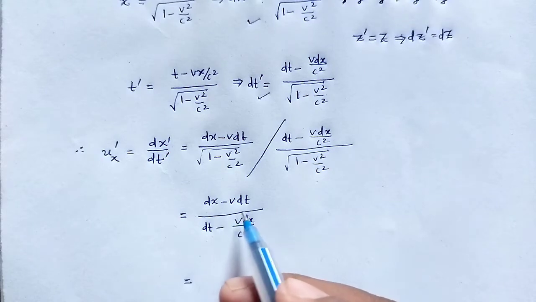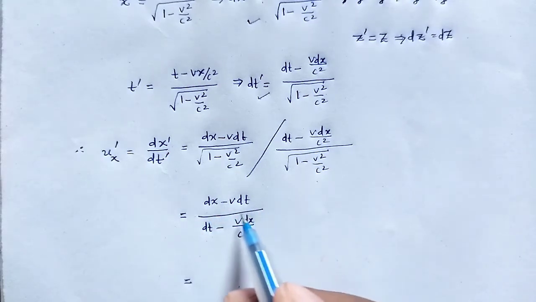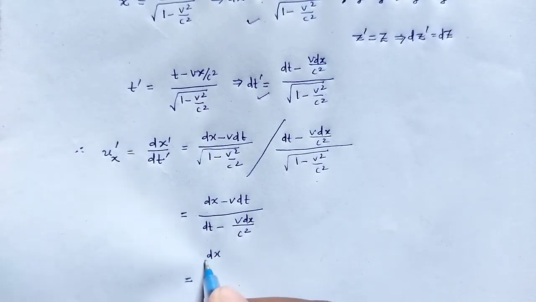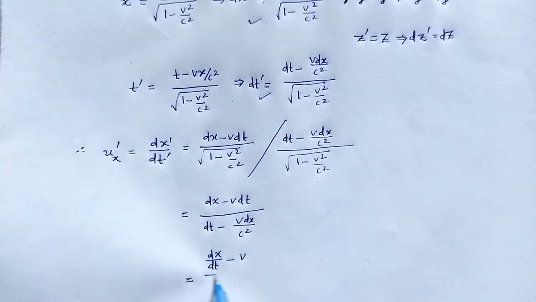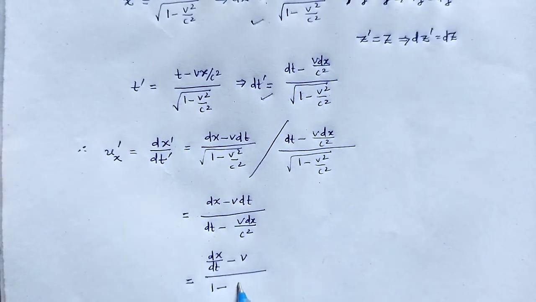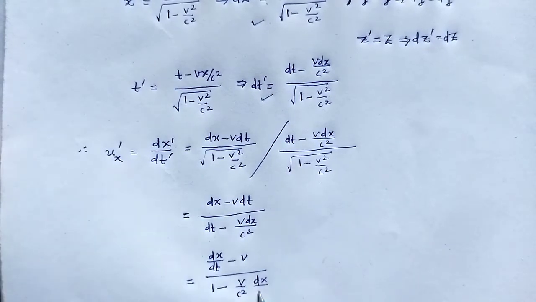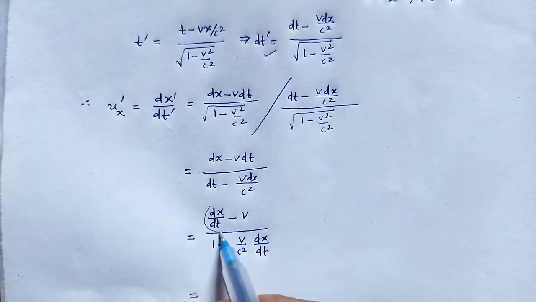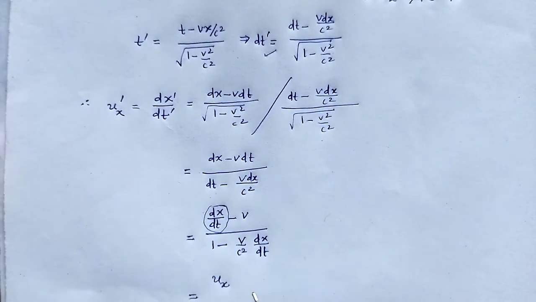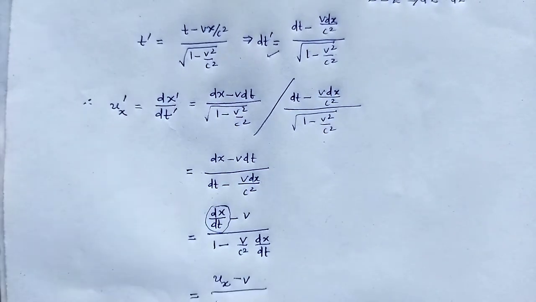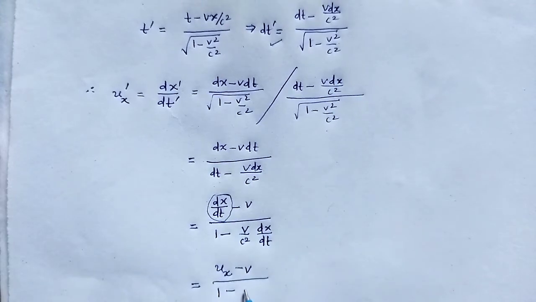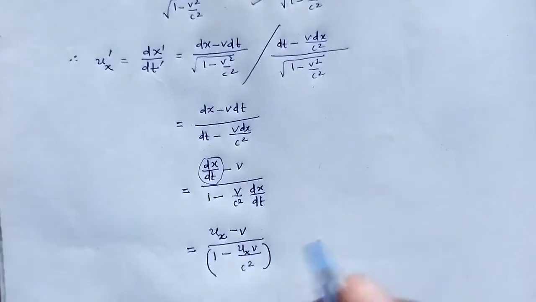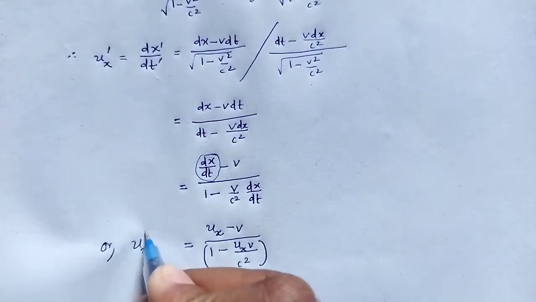We divide dt in both numerator and denominator, so it will be dx by dt minus v divided by 1 minus v by c square times dx by dt. Since dx by dt is equal to ux, this is ux minus v divided by 1 minus ux v by c square. That is the value of ux dash.